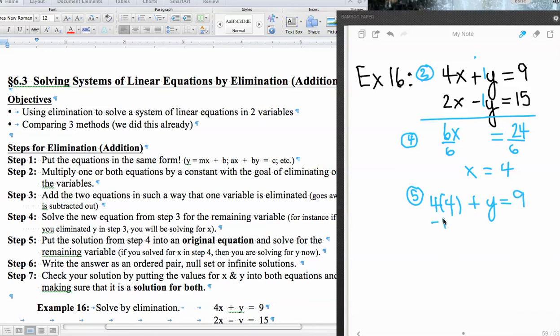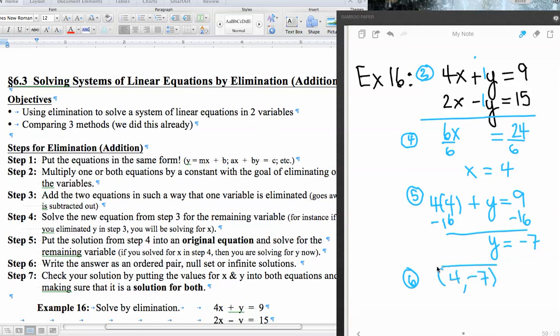And so I'll add the opposite of this. Remember, 4 times 4 is 16, so I'm going to add negative 16 to both sides, and now I find that y is equal to negative 7. And so now I have my solution, my ordered pair. x is equal to 4, and y is equal to negative 7.